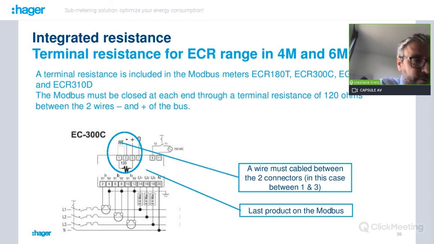You can see the resistor is integrated in the product, and you have nothing to do, no additional resistor to put. It's automatic. You just have to do that on the last product on your Modbus line, and you solve this issue. It's not an issue, but this is what you have to do to put the resistor at the end.